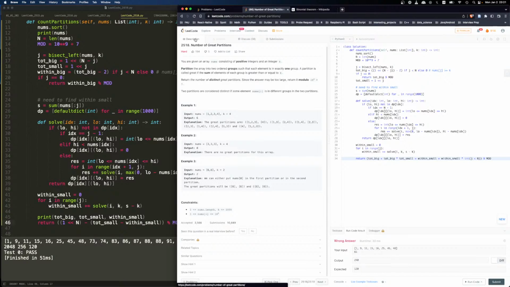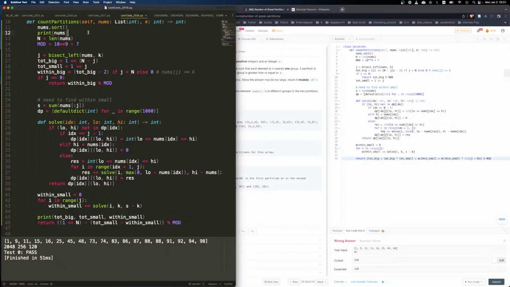How do you find a partition that's not possible? Which means any sum is smaller than k, right? We just need to find the first one. What are the sums that are smaller than k? Which means, hold on, we're gonna do this.